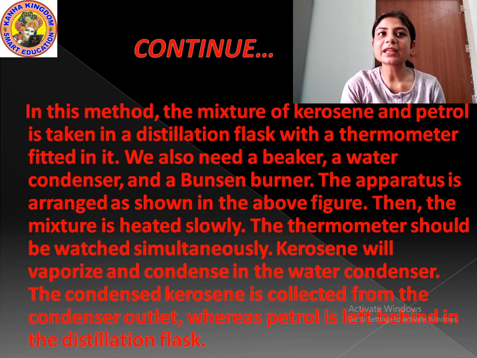Then the mixture is heated slowly, using the Bunsen burner. After that, the thermometer should be watched simultaneously and you have to record the temperature. Understood? Then kerosene will vaporize and condense in the water condenser.